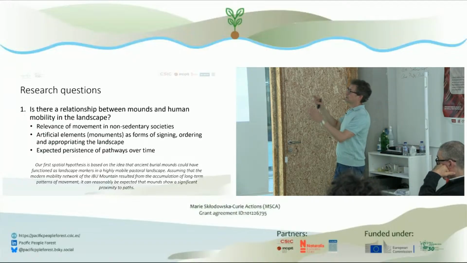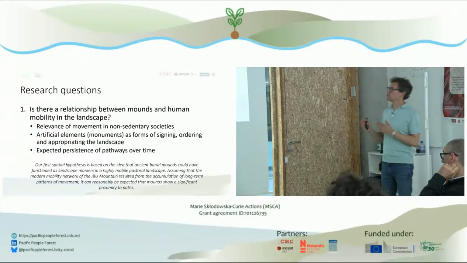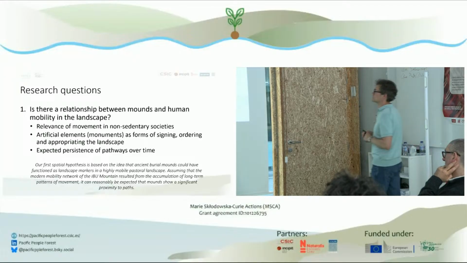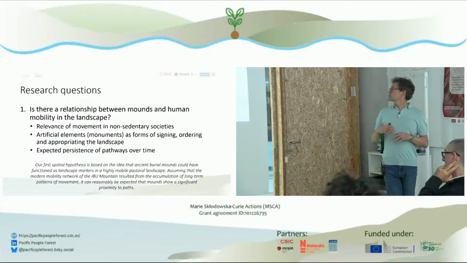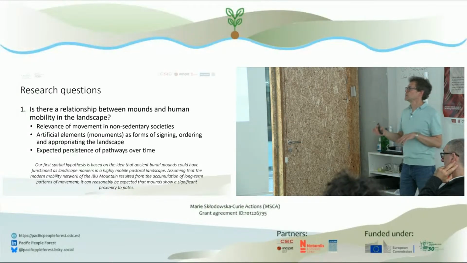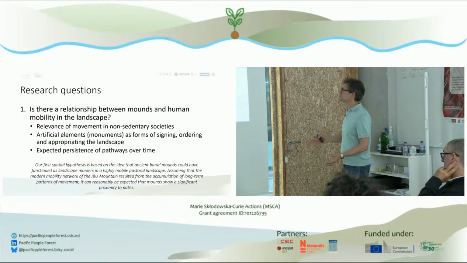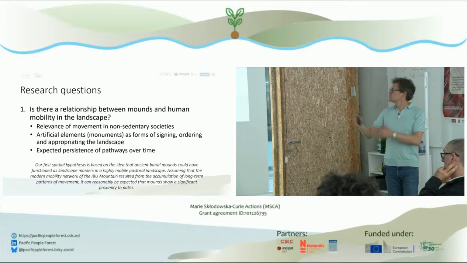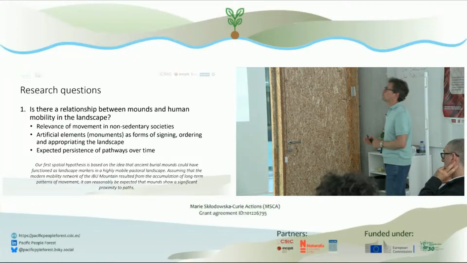There's also this long-standing idea in archaeology that artificial elements, monuments, these burial mounds are usually called monuments for some reasons that I won't discuss right now, were used as forms of signing, ordering, and appropriating the landscape in the past. So people were building these things in places that made sense for them, in order to transmit some information and so on.